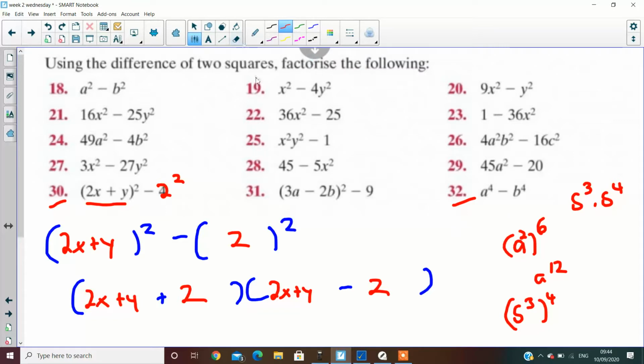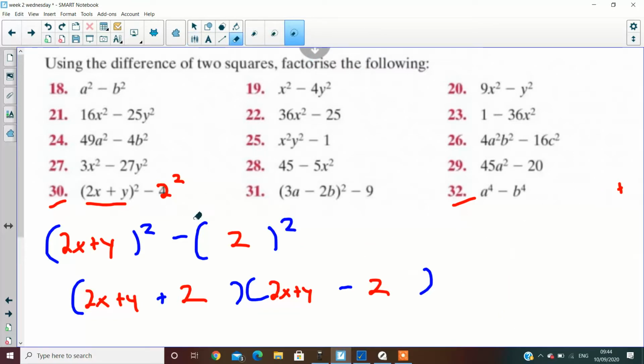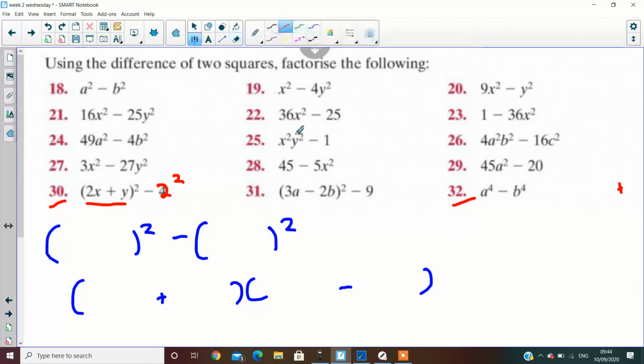Now, the trick I'm going to propose to you guys is this. So you can see I'm reusing everything again. And here's what I suggest you do instead. Turn it into a squared, b squared, all squared. What's a squared squared?